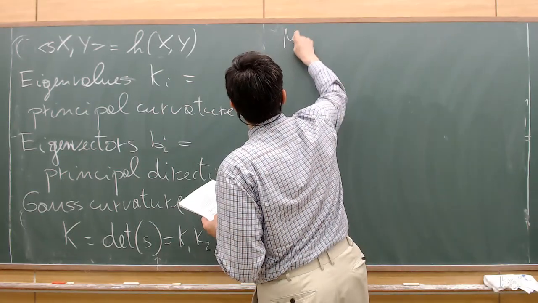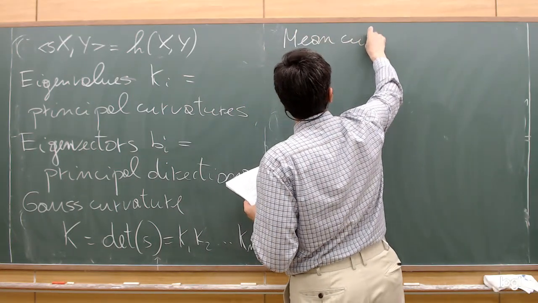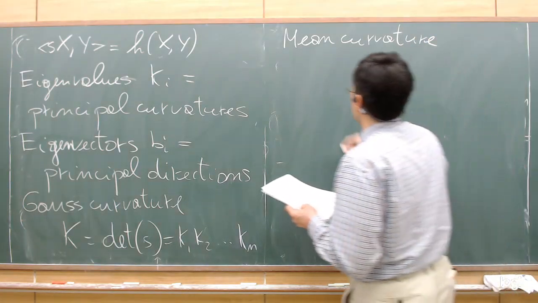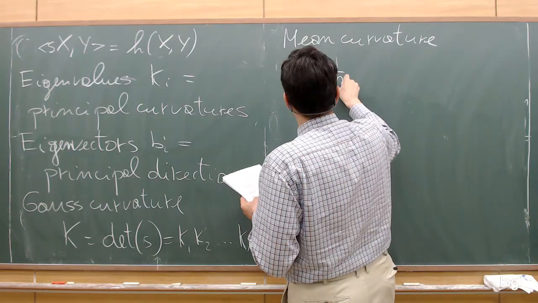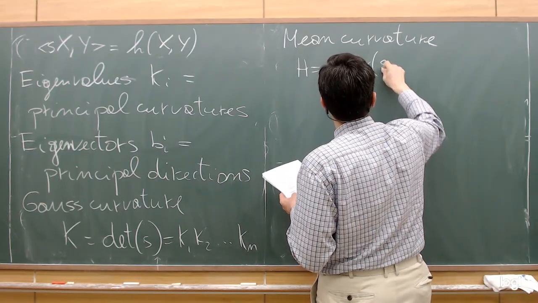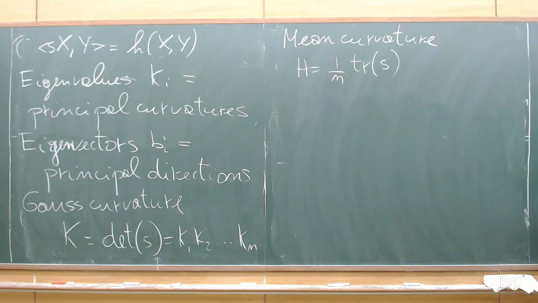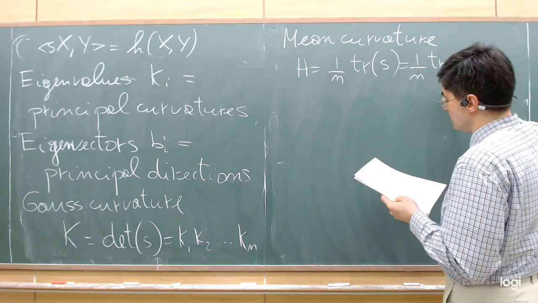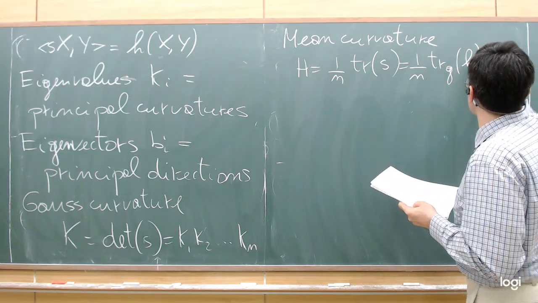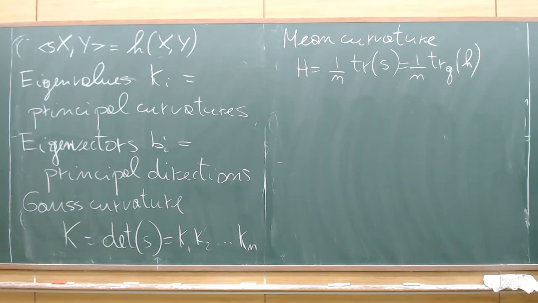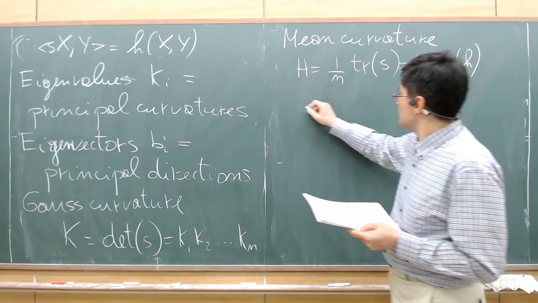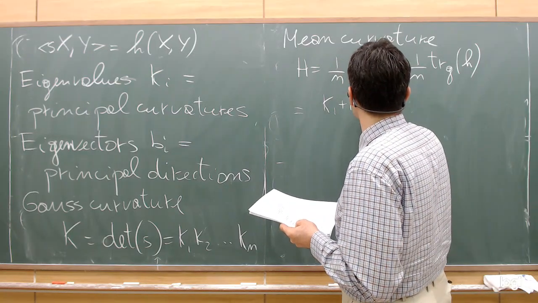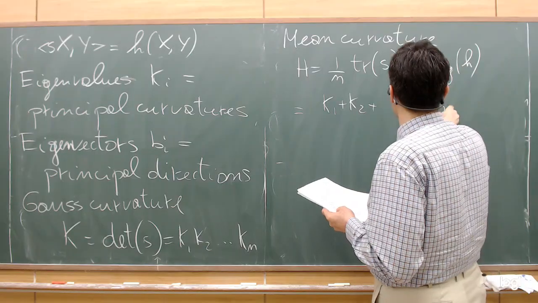We have also the mean curvature, H equal 1 over n trace of the matrix representing S, or alternatively 1 over n trace with respect to G of the fundamental form H. And it is clear that this is also K1 plus K2 plus Kn divided by n.